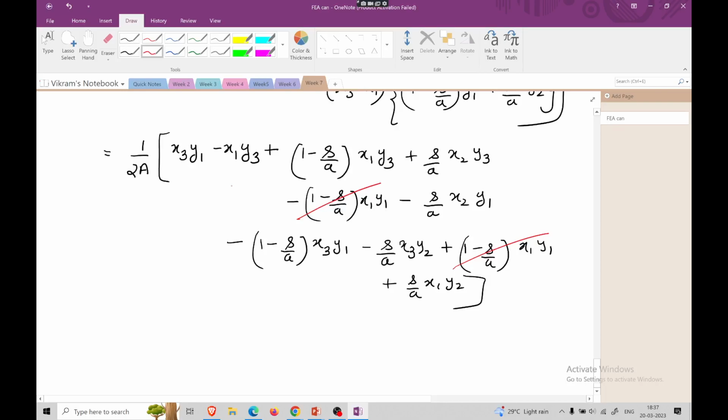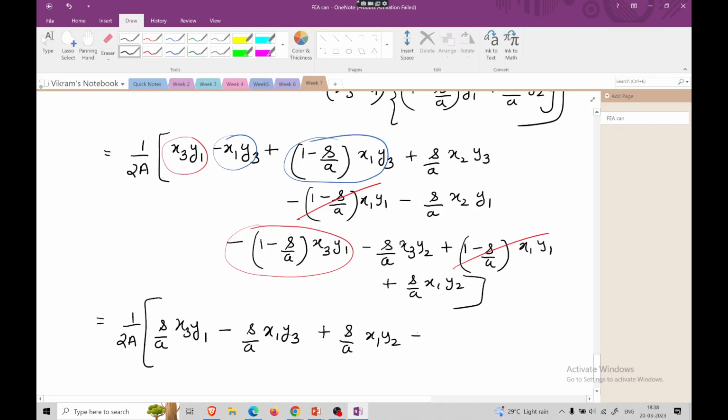So it will be s by a x3 y1, and similarly this will be minus s by a x1 y3 plus s by a into x1 y2 minus s by a into x2 y1 plus s by a into x2 y3 minus s by a into x3 y2.